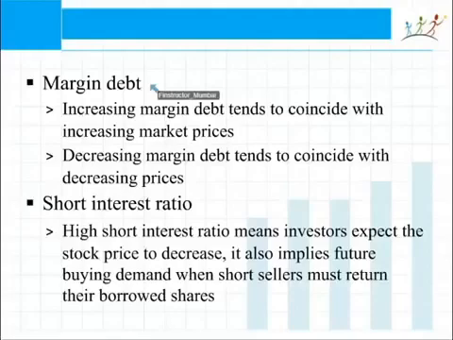Please go back to the video on equity analysis if you've forgotten what this means and how this is done. So you can buy on margin. That is, you can take a loan from the broker. It has been seen that when margin debt increases, that means people are taking more and more loans from the broker. That means they are buying more and more.